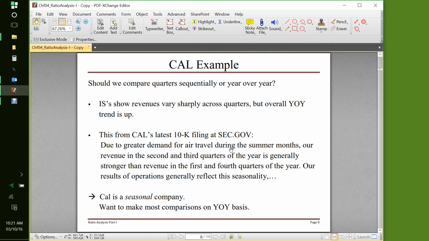And in this filing, Continental and pretty much all companies have to state whether they are a seasonal company, where it's appropriate to analyze a lot of things for them year over year, or a non-seasonal company where it's appropriate to compare quarter to immediately prior quarter.